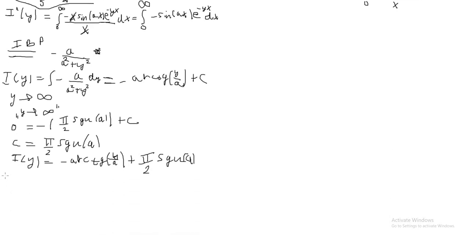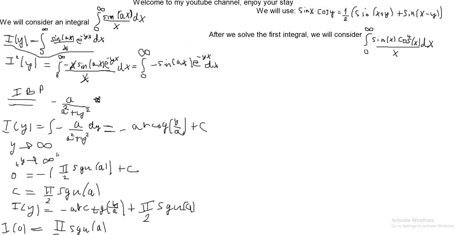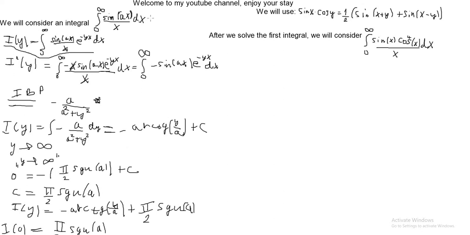So let's set y equals 0, so I of 0. Arctangent of 0 is just 0, so we will have pi over 2 sine of a. So that's what we got. Our original integral equals pi over 2 sine of a.